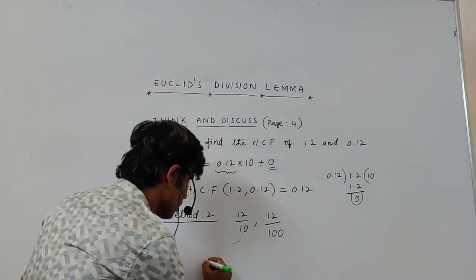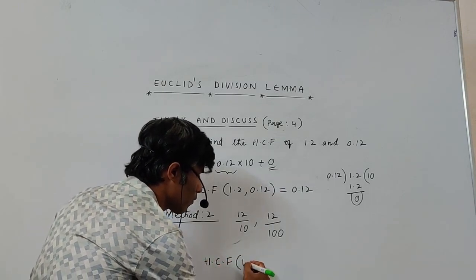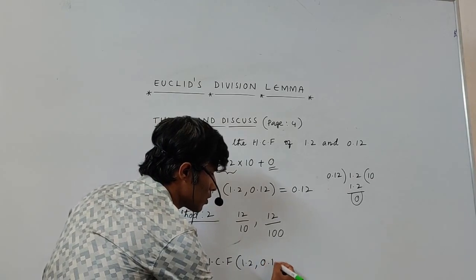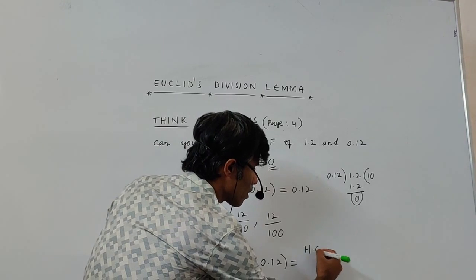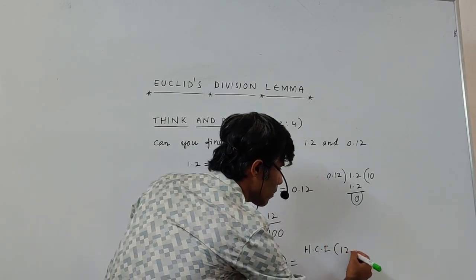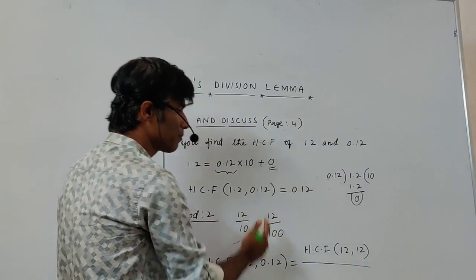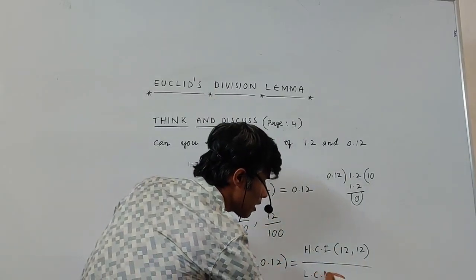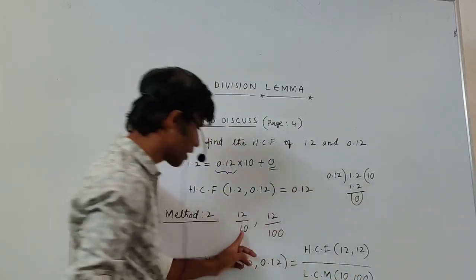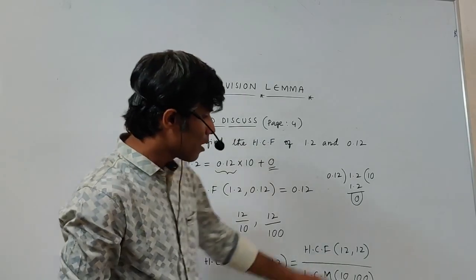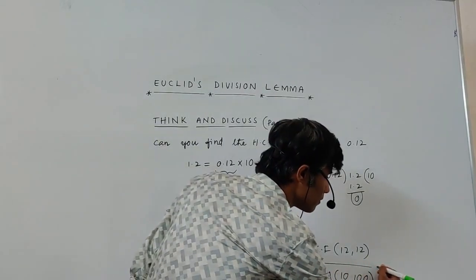So HCF of 1.2 comma 0.12 equals HCF of 12 comma 12, where these two are the numerators, divided by LCM of 10 comma 100, where 10 comma 100 are the denominators.